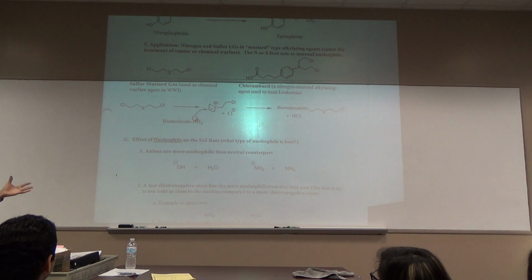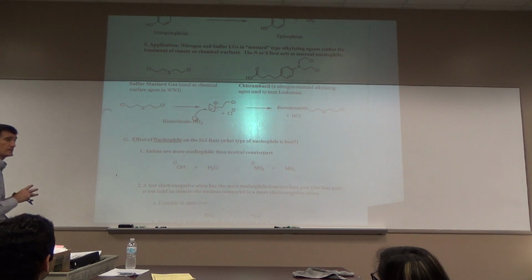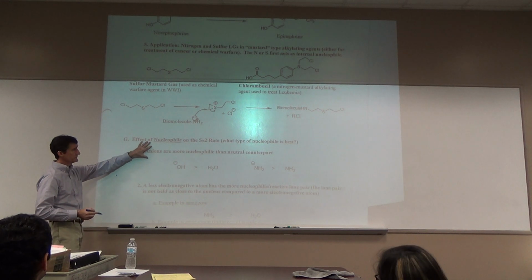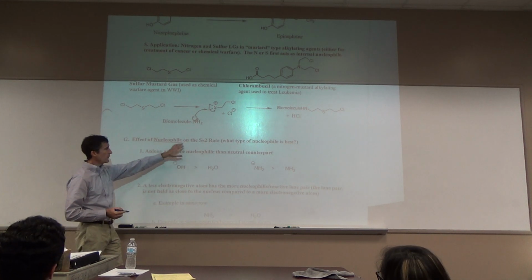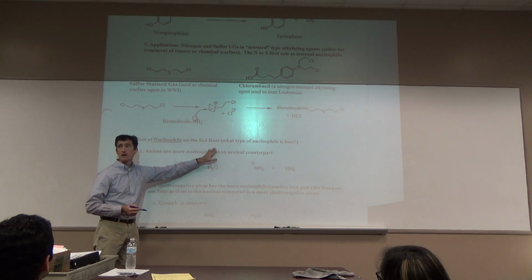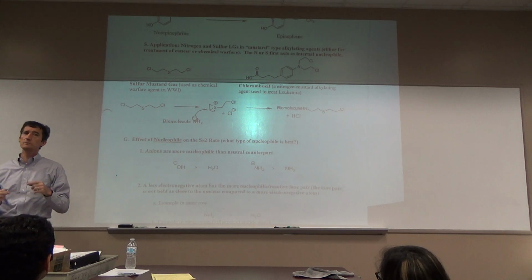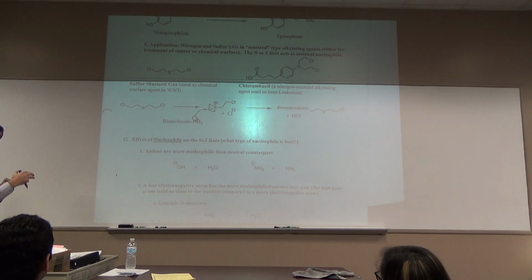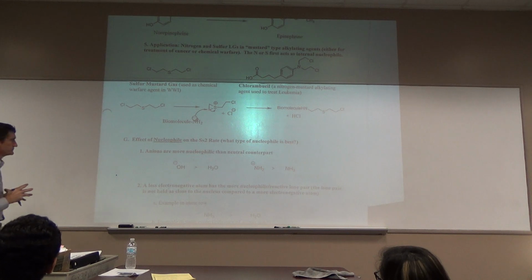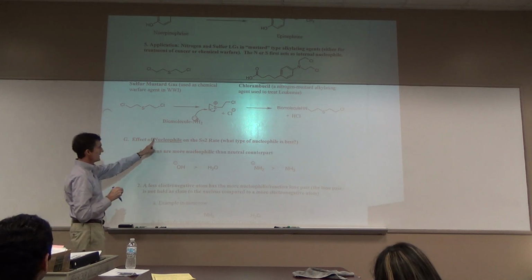Leaving groups. What about the other component, the nucleophile component? Let's look at that component. And right now we are focusing on SN2. A lot of this applies to SN1, but when we get through, we'll focus a little bit on SN1. What about nucleophiles?